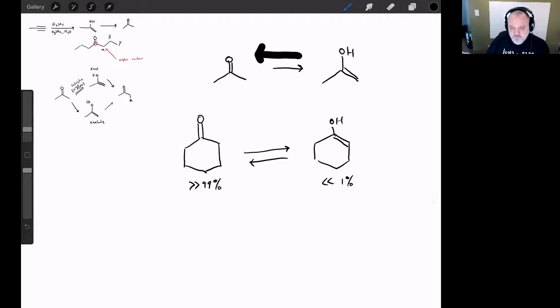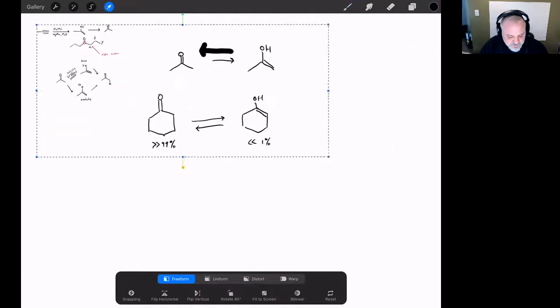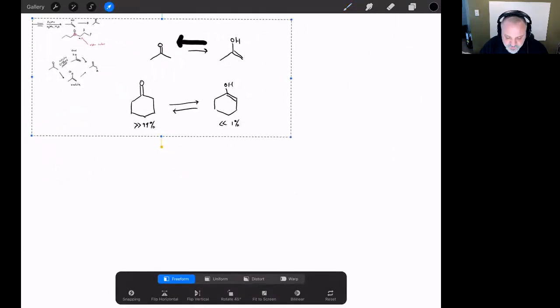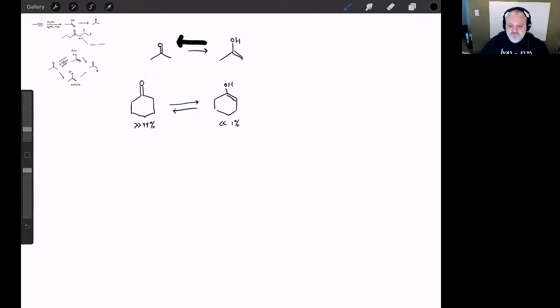Okay. So really under these conditions, the enol is not favored at all, and the ketone is the most favored species. Now we can start to consider situations where the enol becomes increasingly more significant.